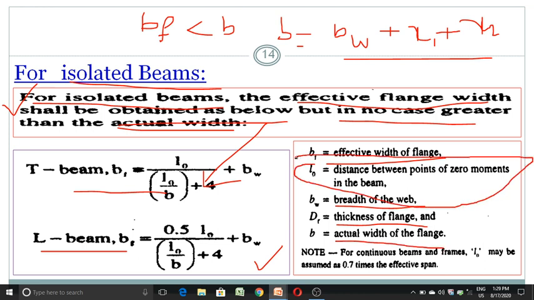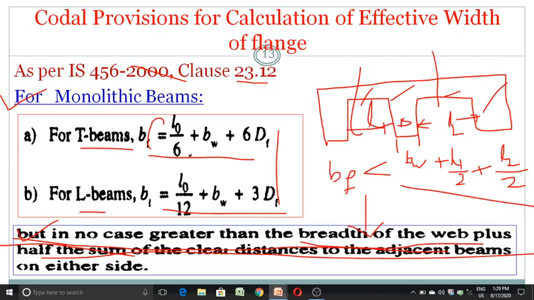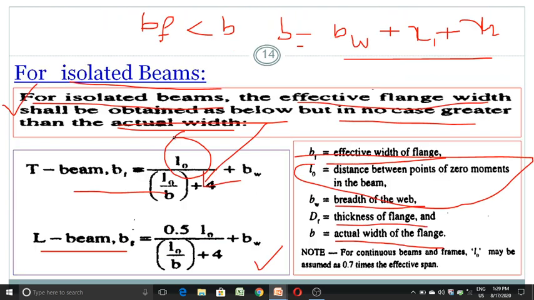Here we have one more important term. What do you mean by this L0? L0 means the distance between the points of zero bending moment in beams. We have L0 in these isolated beams and also in monolithic beams. So let me define this clearly.